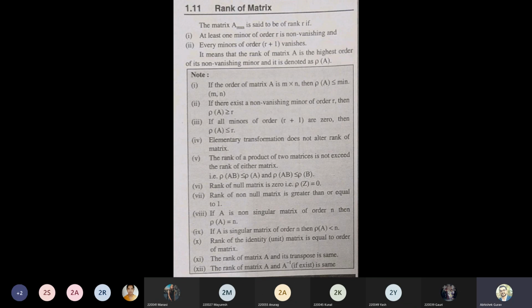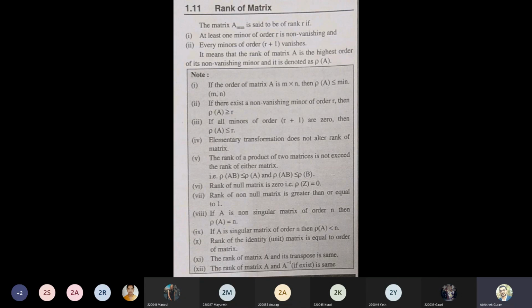After that, the rank of an identity matrix is equal to the order of the matrix. The rank of matrix A and its transpose is the same.